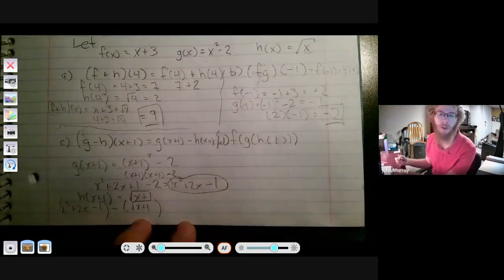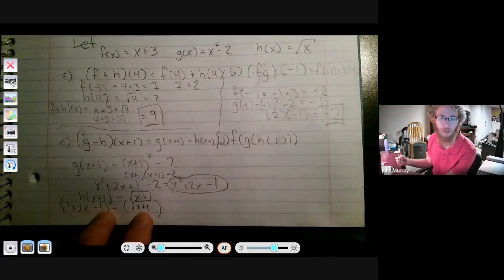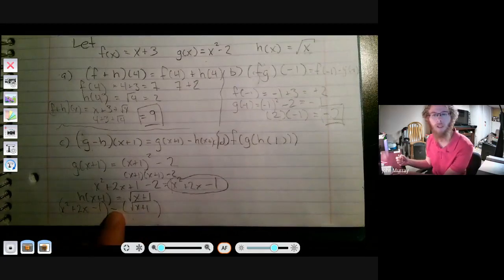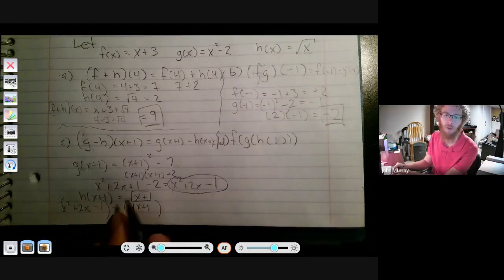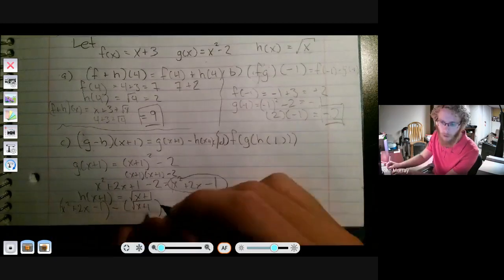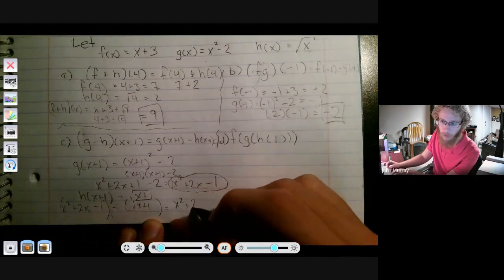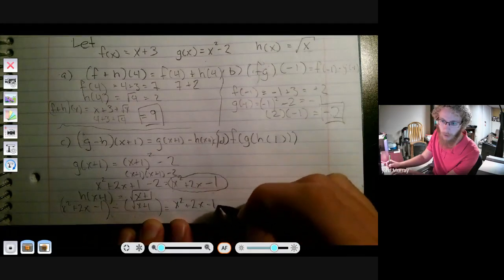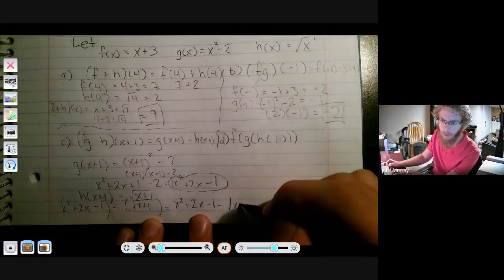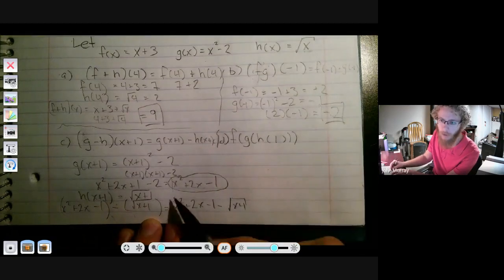Right? And then from here, we would just do any simplification. You would distribute the negative if this was a polynomial, right? Make sure the negative goes to everything. But this is straightforward. So we're just going to have x squared plus 2x minus 1 minus the square root of x plus 1. And you can leave it just like this.